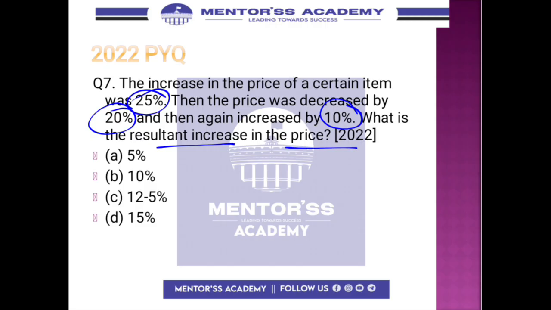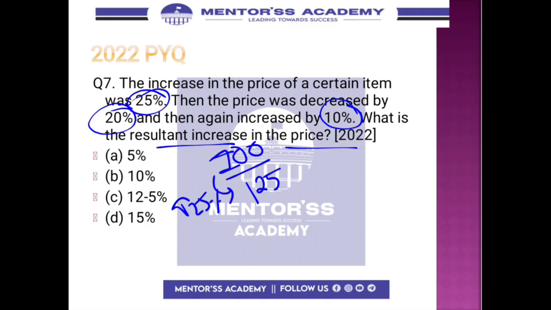Let's assume the price is 100. It is given that the price of the item is increased by 25%. 25% of 100 is 25, so the new price is 125.